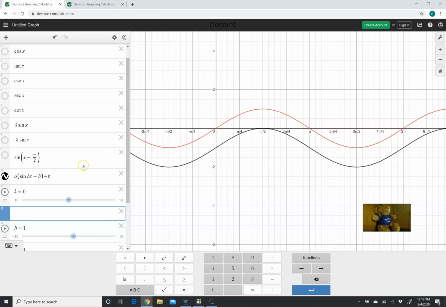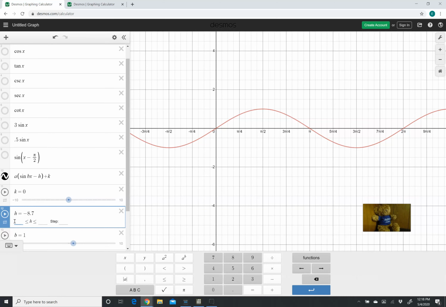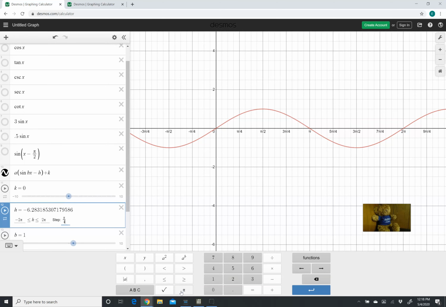Let's change this one. Let's do this from -2 pi to 2 pi. And we'll make the step pi over 4.